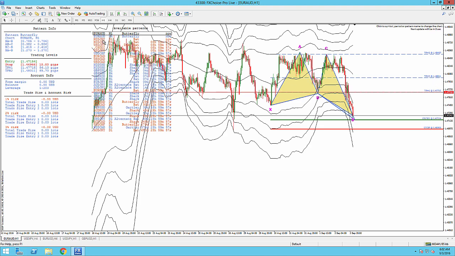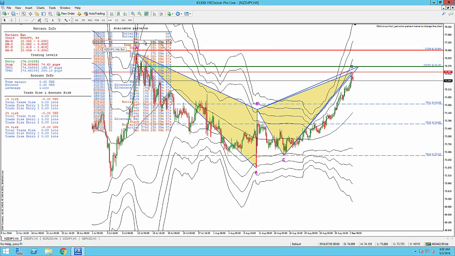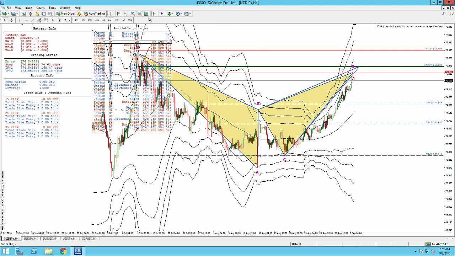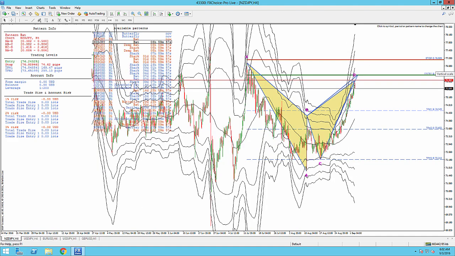We have other patterns called the bat. Okay, you can see another example. Market makes a high, down, up, and harmonic patterns are very, very high probability patterns.